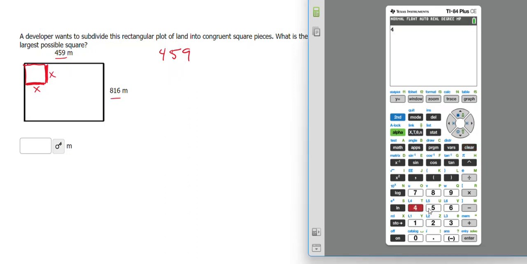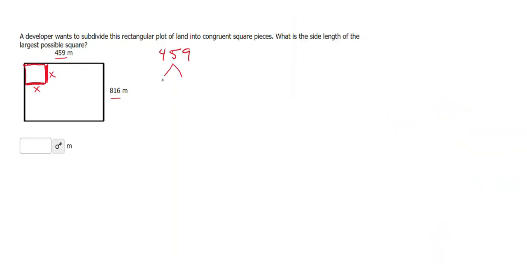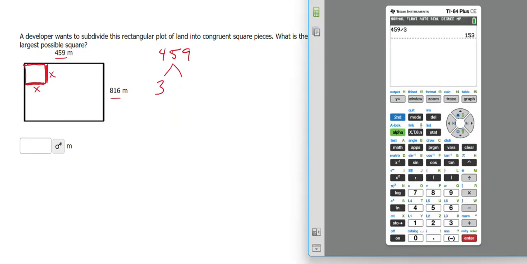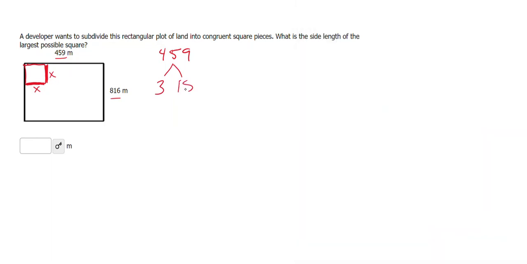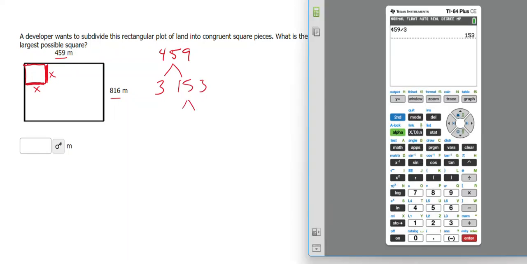Let's go 459 divided by 3. And it does go in evenly. So if we break this down, 459 we can say is 3 times 153. Now 153, we can break up by dividing by 3.